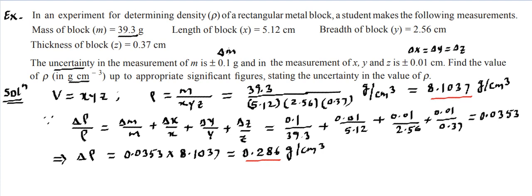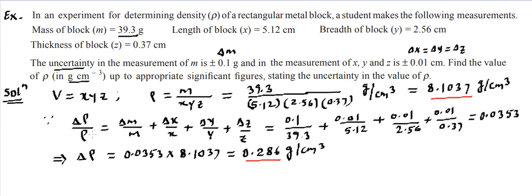If you see the significant figures for this delta m, it is one significant figure. If you look at the significant figures of these quantities, they also have one significant figure. That means delta rho must have one significant figure. As we discussed in the last example, or some previous example, the number of significant figures in the error of this quantity is decided by the errors in these quantities and the significant figures in them.